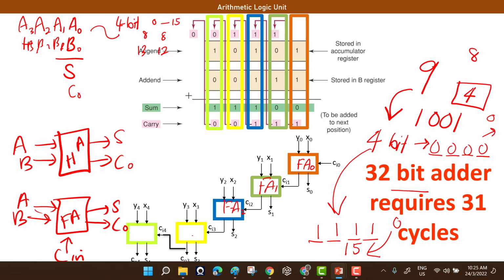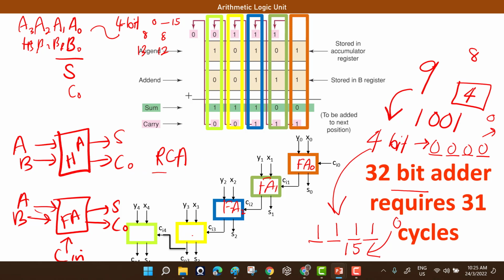This arrangement is called a ripple carry adder. In the previous class, you looked into half adder and full adder: half adder is without carry in, full adder with carry in. But we also saw how we can arrange these adders to become a ripple carry adder.